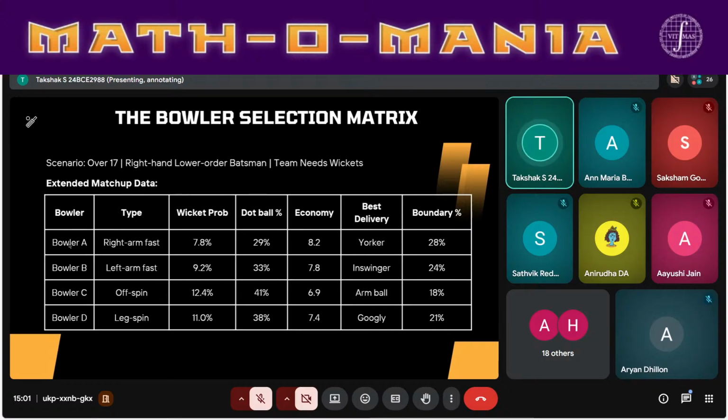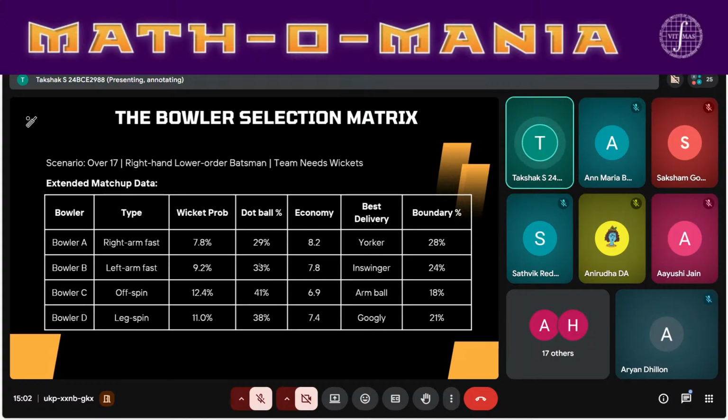And bowler B is a left arm fast bowler. His wicket probability rises to 9.2%, better than bowler A, and the economy rate is 7.8, his best delivery is the inswinger, and the boundary percentage is 24%. And bowler C is an off spin bowler, and his wicket taking probability is 12.4%, the dot ball rate is 41%, and his economy is 6.9.